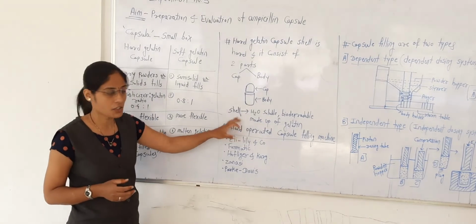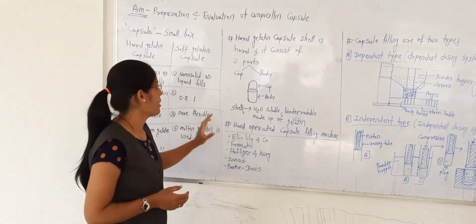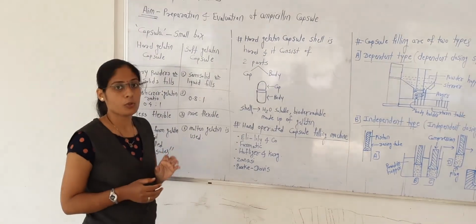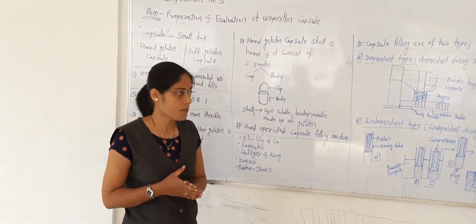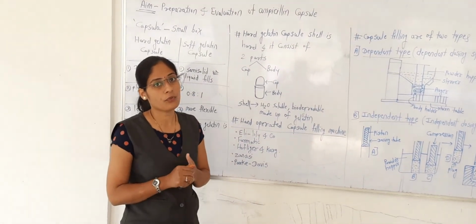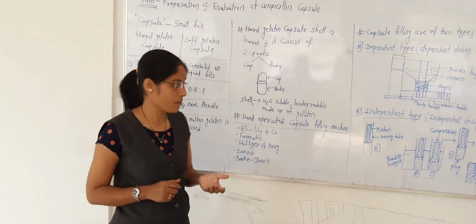This is the advantage. In this experiment we use the hard gelatin capsule to fill the medicament. We use a hand operated capsule filling machine to fill the medicament in the capsule.